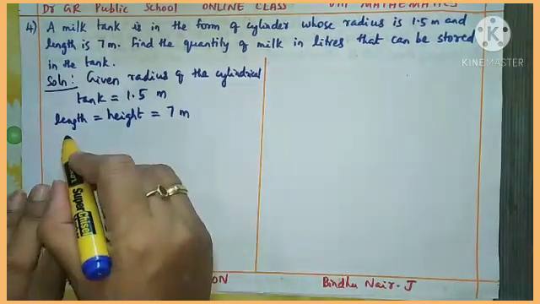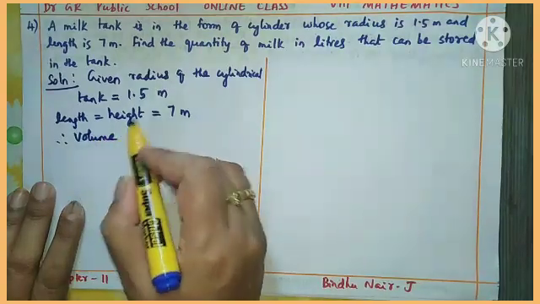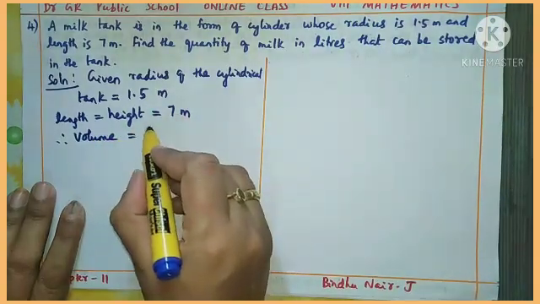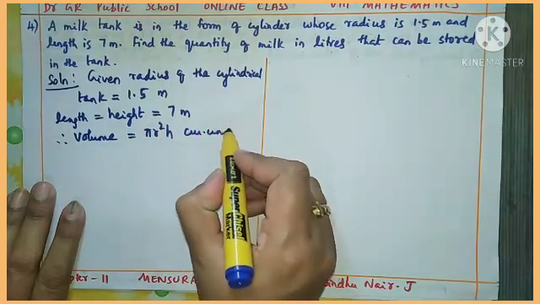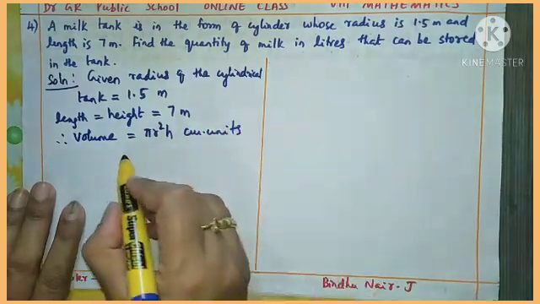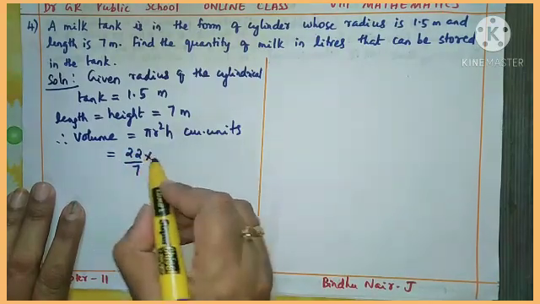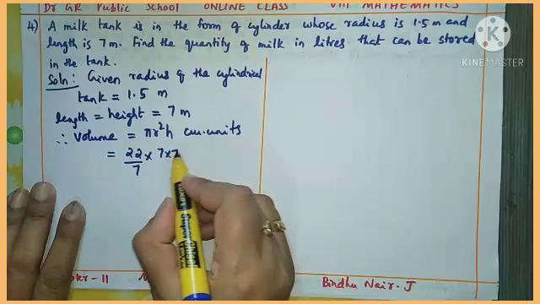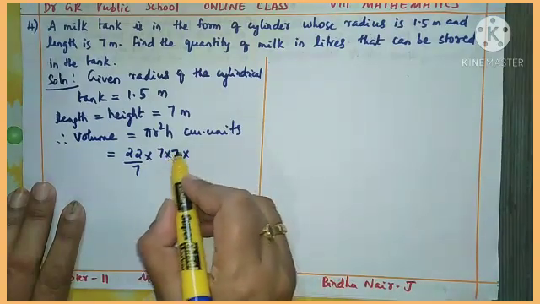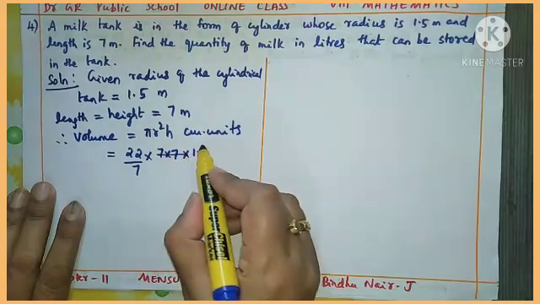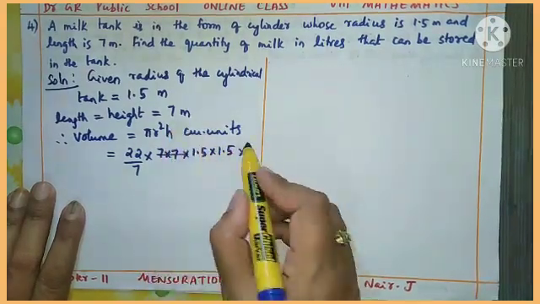Okay, now therefore volume. Quantity means capacity or volume is equal to, write the formula for volume, pi r square h cubic units. So that is equal to, for pi we can substitute 22 by 7, r square is 1.5 into 1.5, and height is 7.